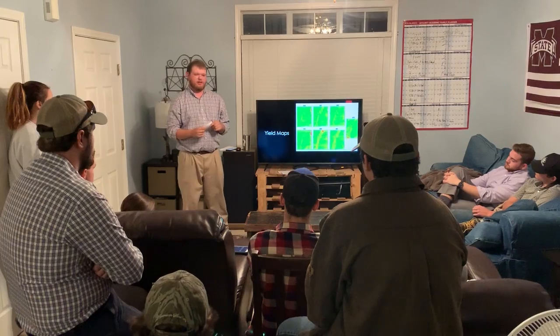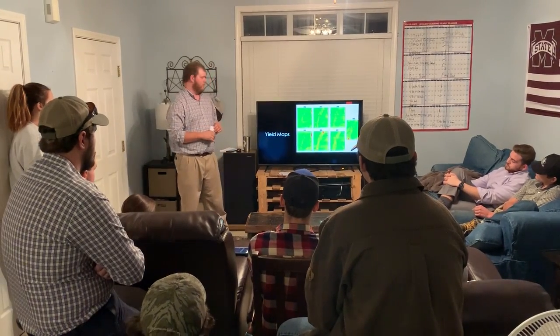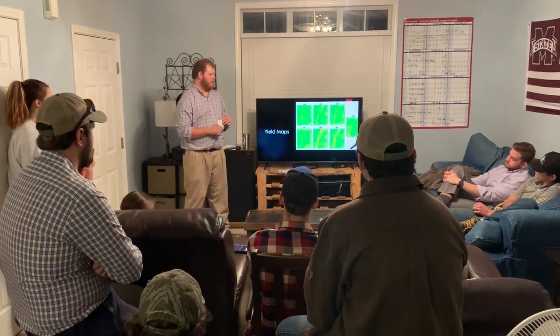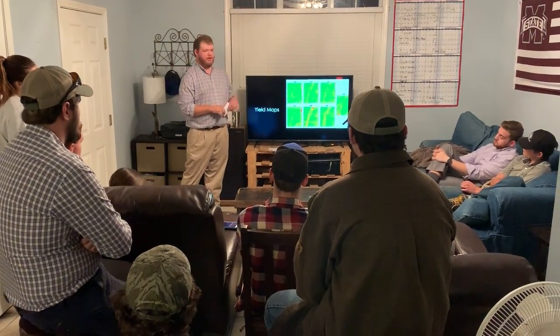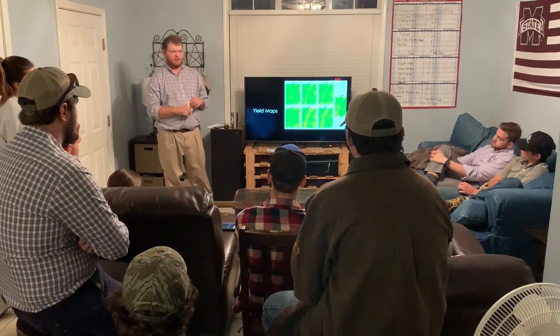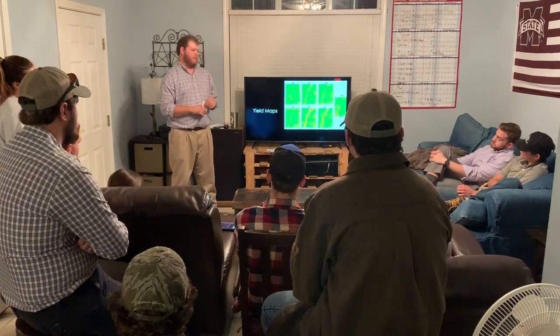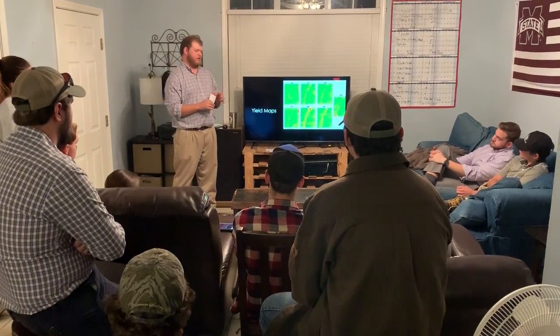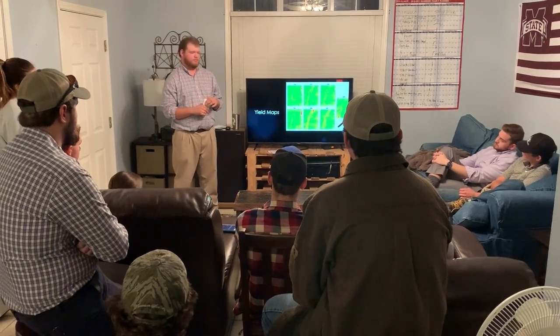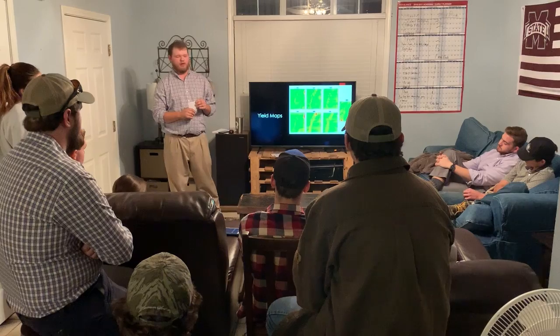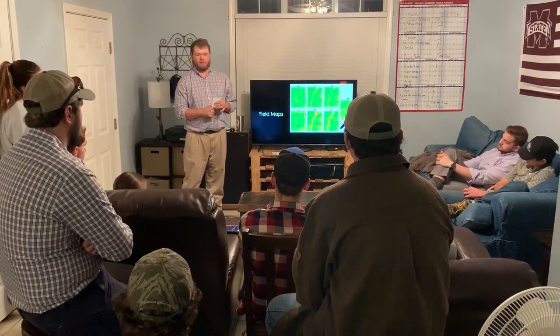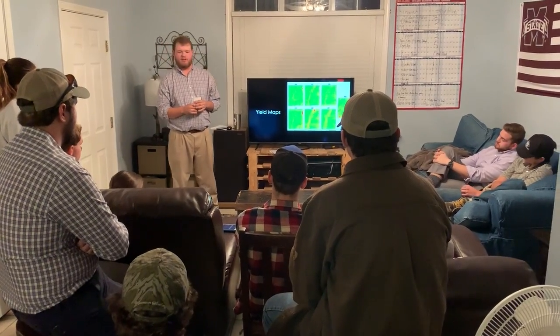The green indicates normal nitrogen levels in the field, the yellow indicated they were a little less than normal, and the red indicated that you had a big nitrogen deficiency. From this yield map, you could do site-specific fertilization, which would cut down on your fertilization costs, and it would also help prevent runoff and polluting different streams.